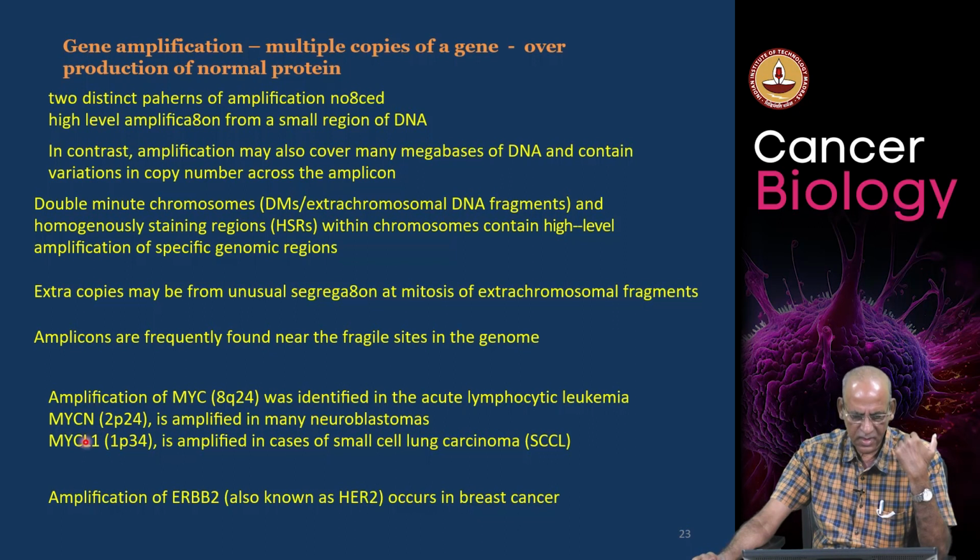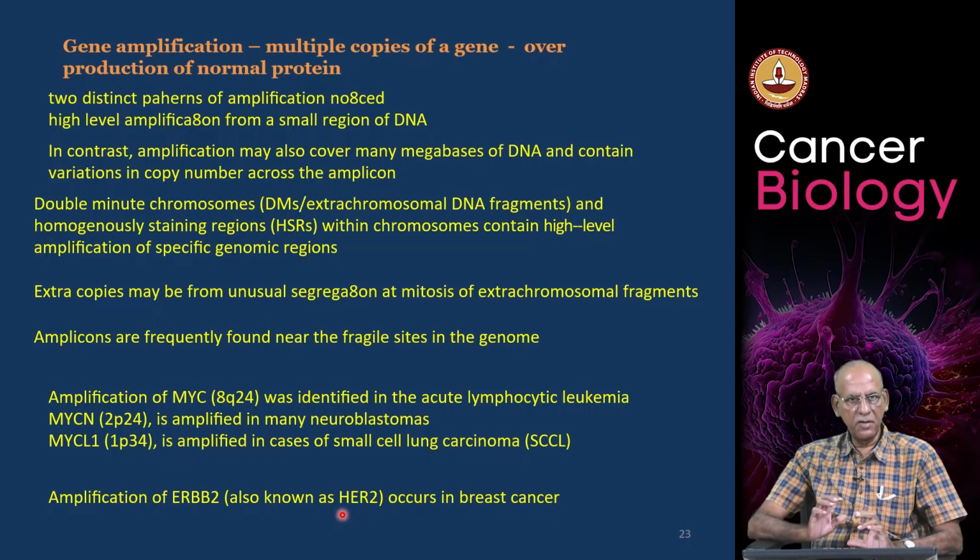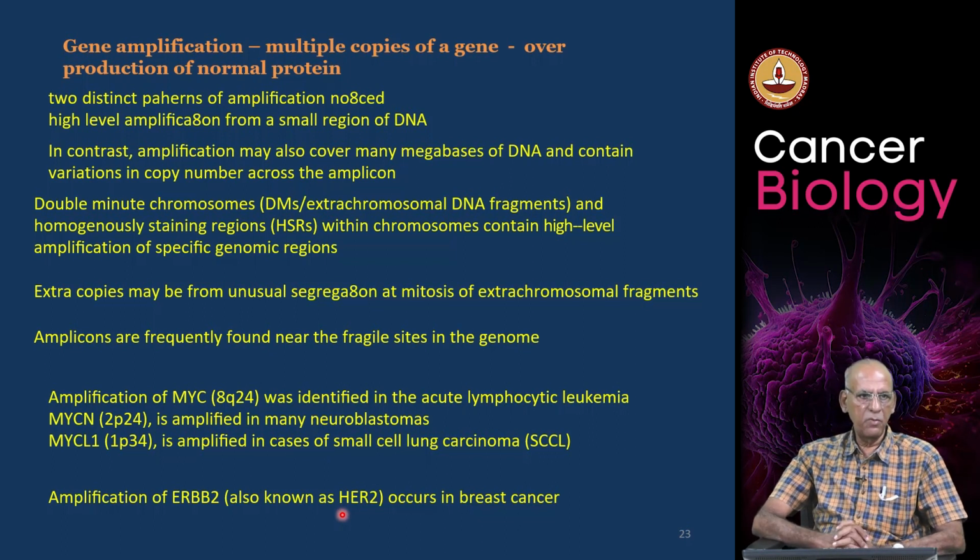MYC-N, MYC also has some forms, MYC-N and MYC-L1, is amplified in neuroblastoma and then small cell lung carcinoma. This is another gene that you may have to remember. This is actually ERB2, as I told you, derived from erythroblastosis virus, and it codes for epidermal growth factor receptor. Later on also I am going to explain this, but this particular receptor, EGF receptor, has 4 members: ERB1, ERB2, ERB3, ERB4.